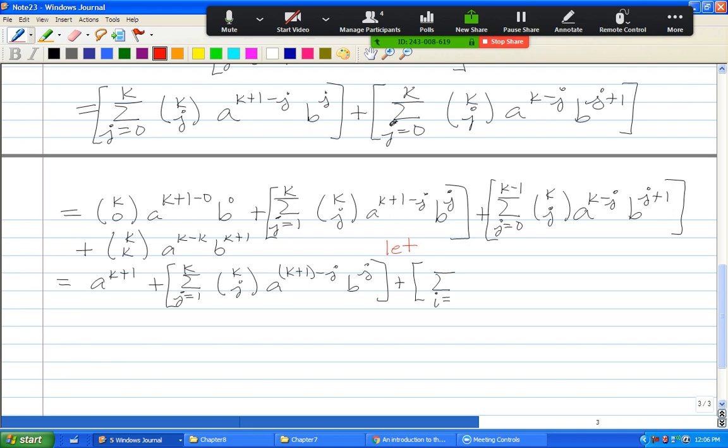I'm going to let i equal j plus 1. So when j is 0, i is 1. And when j is k minus 1, i is just k.